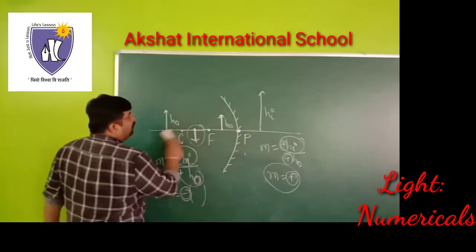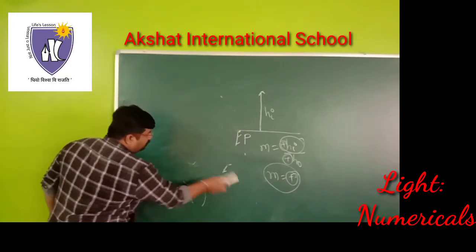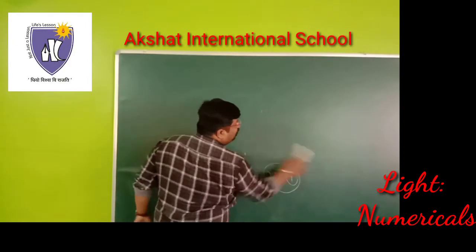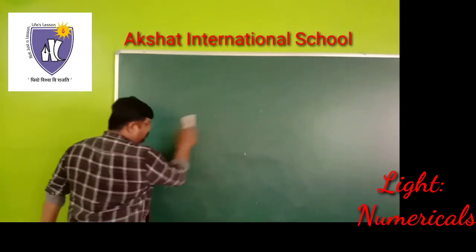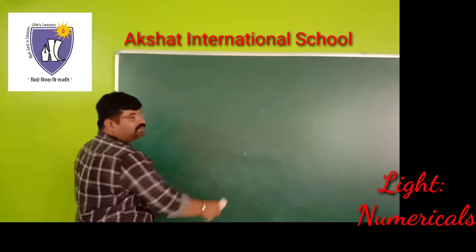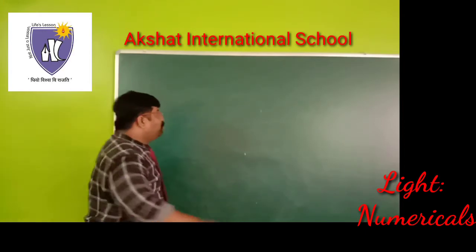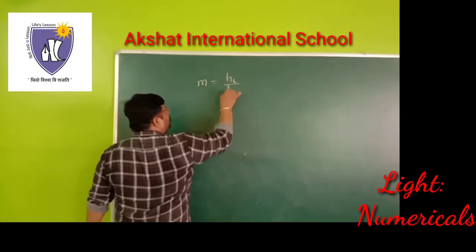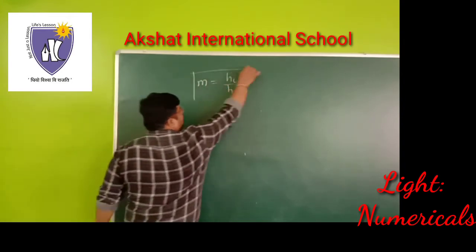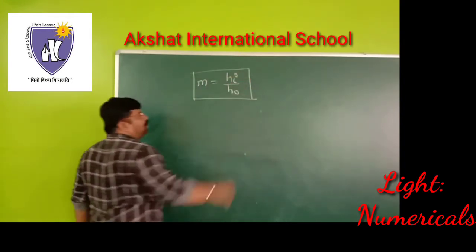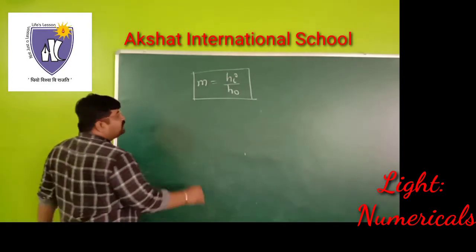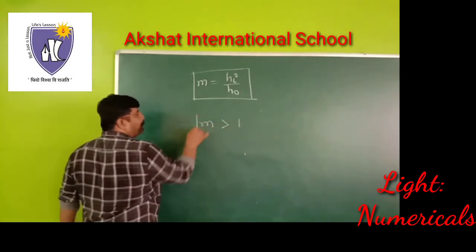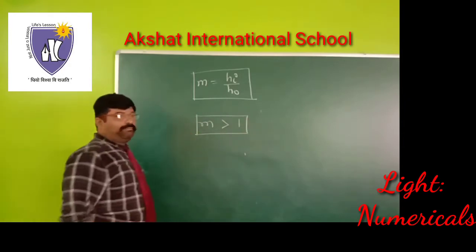Okay, now let's come to the next part, that is whether the image is enlarged or diminished. How can we find out that thing? As we know, m is hi by ho, this is the formula. Now suppose m is given greater than 1, that is greater than unity.